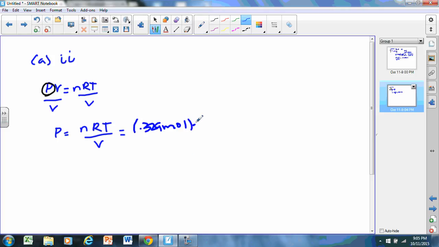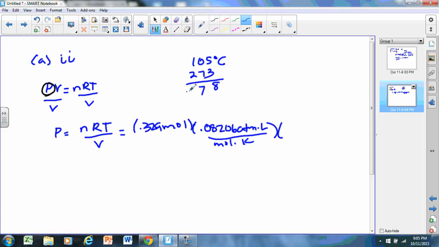R is 0.08206 atmospheres times liters per mole K. And then it said that the temperature was 105 degrees Celsius. So we have 105 degrees Celsius plus 273, so that's 378 K. And then volume is downstairs. So I have to do the reciprocal, 1 over 10.5 liters.